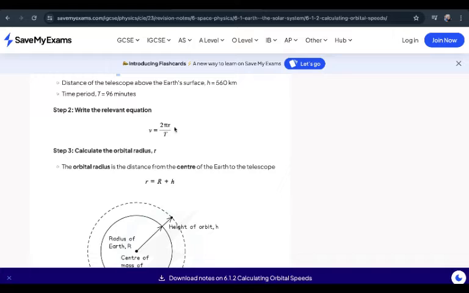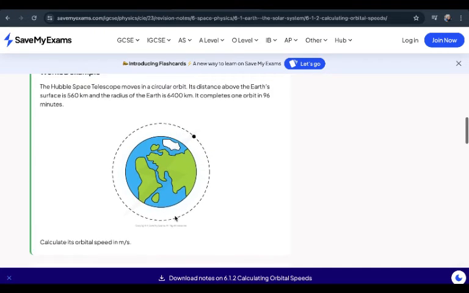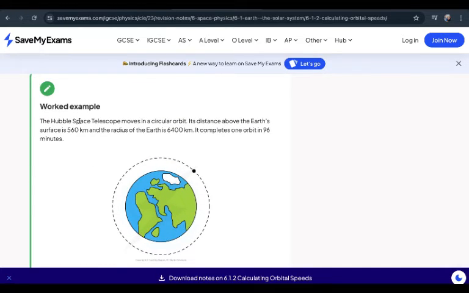Now, here we're going to calculate the radius. Why are we calculating the radius? What did the question want from us? A Hubble space telescope moves in a circular orbit. Its distance above the Earth's surface is 560, which is the height, and the radius of the Earth is this.